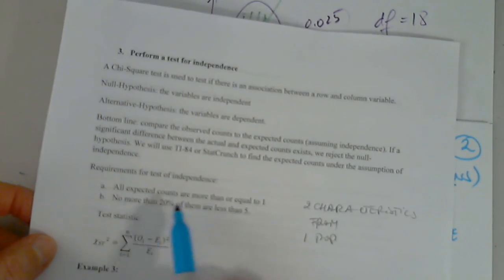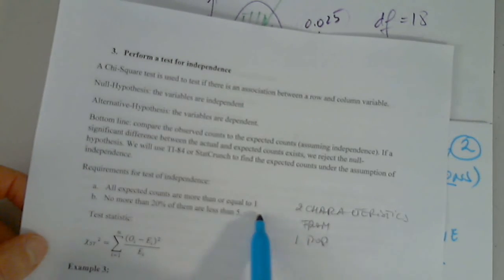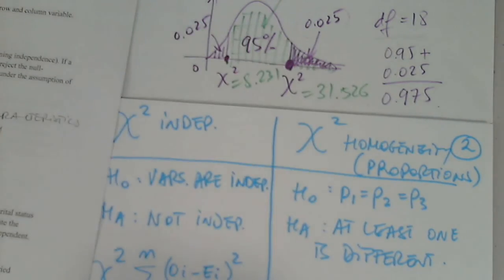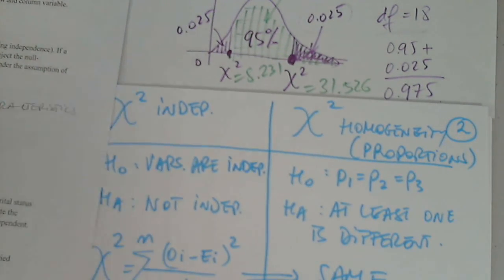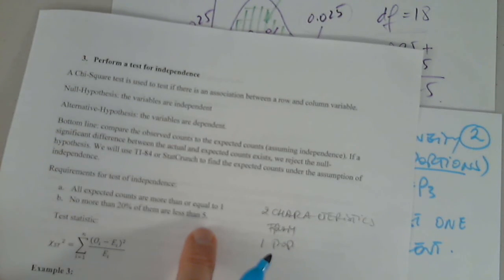And the conditions and the requirements are the same. Expected counts must be at least 1. So all these E_i, the expected counts, have to be greater than or equal to 1, and also not more than 20% of them are less than 5.